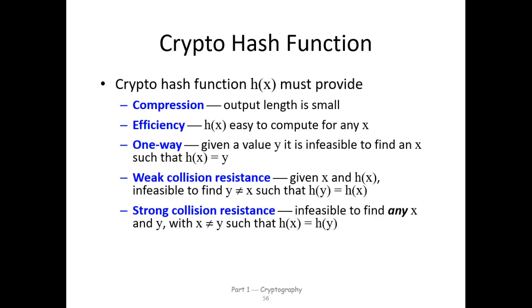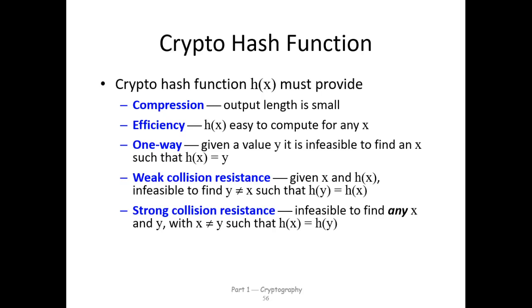Talking in terms of efficiency, h of x is easy to compute for any x. Given a value of x, we can easily compute the hash on that value, that is h of x.